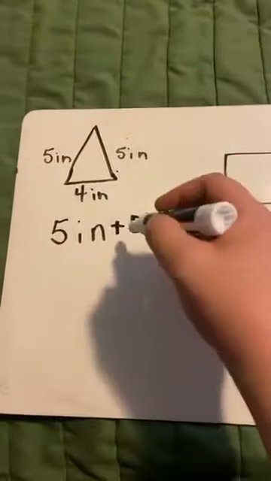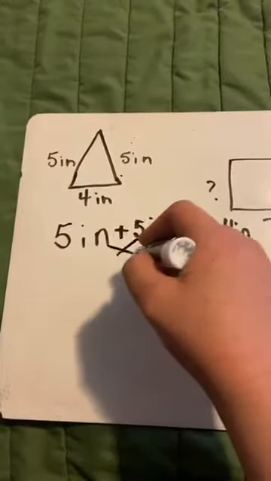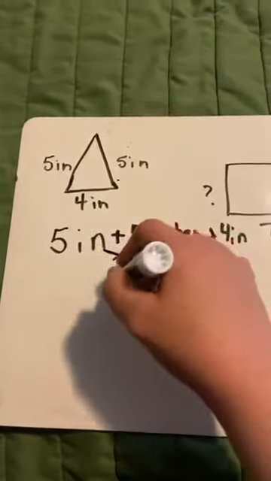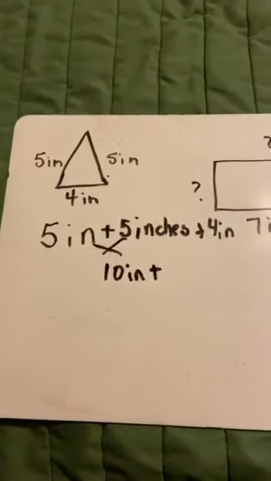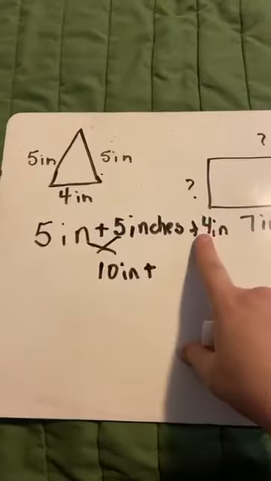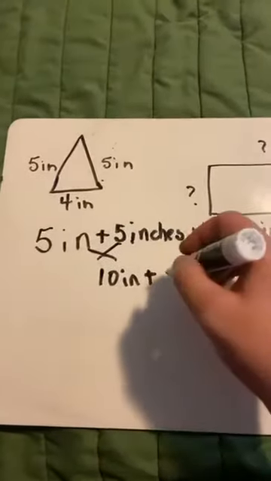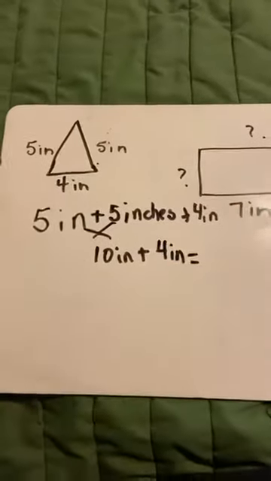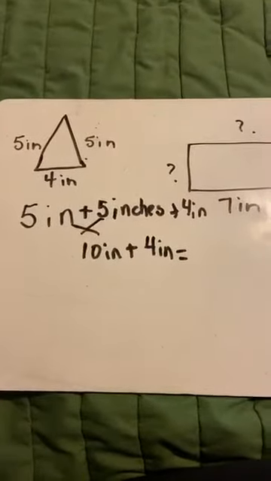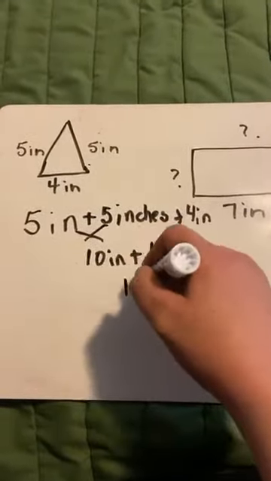So I know that I'm going to add these two together. These are a doubles fact, so I'm going to put 10 inches. But I'm not done yet. I still have to add in that 4 inches. So 10 inches plus 4 inches equals what? You're right, 14.